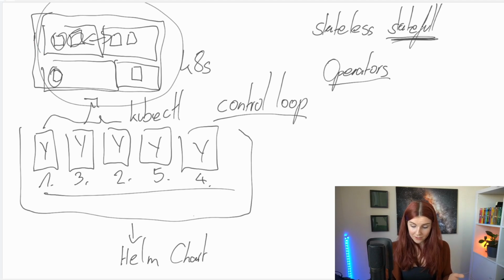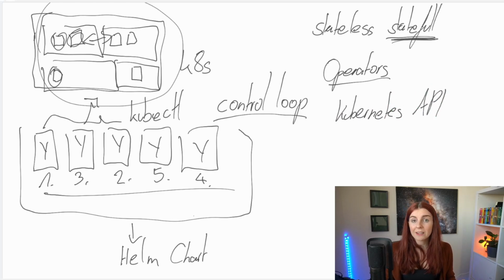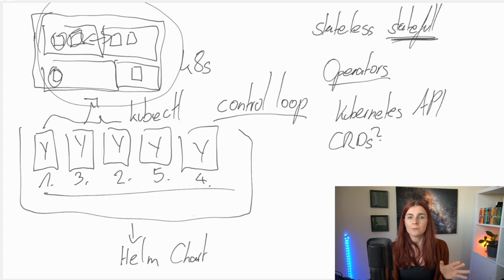So those operators, what are they actually? An operator in itself is basically an extension of the Kubernetes API. The operator extends the Kubernetes API through custom resource definitions. What are custom resource definitions, you might ask? Ultimately, in its simplest form, those are other Kubernetes resources that extend and utilize the existing Kubernetes API.